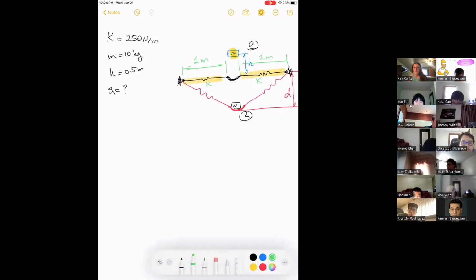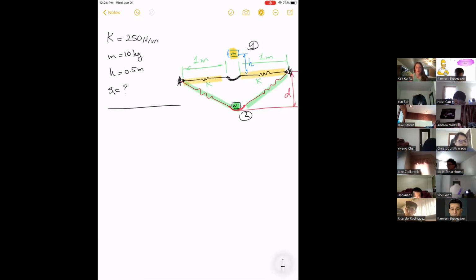In position 2, the guy is here. The springs are stretched. Okay. If you look at here, we have only gravity and spring forces, no friction, no external forces, no pushing and pulling. So there's no non-conservative force, which means you can use the conservation of energy, work energy, T1 plus V1 equals T2 plus V2.